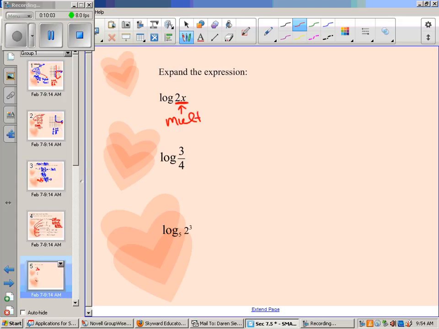If I'm doing multiplication there, I need my product property because multiplication gives you a product, which tells me that I add the individual logs. So this is going to be log of 2 plus log of x. What's my base in both of those situations? 10. Good. And then I'm done. I can't go any further. 2 and x are simple. There's nothing to simplify about them.